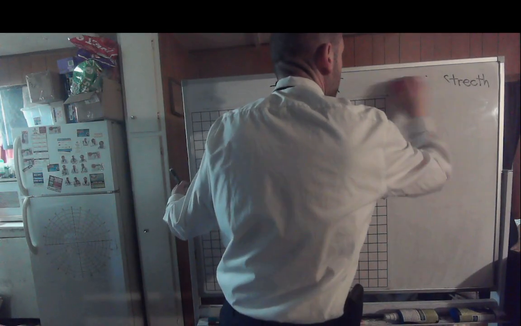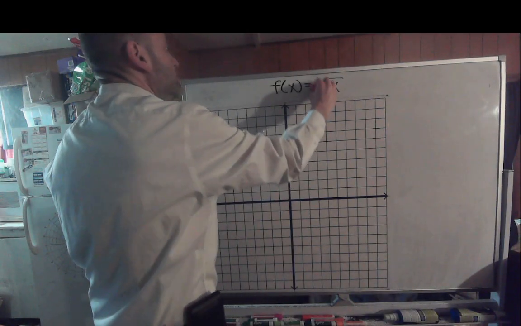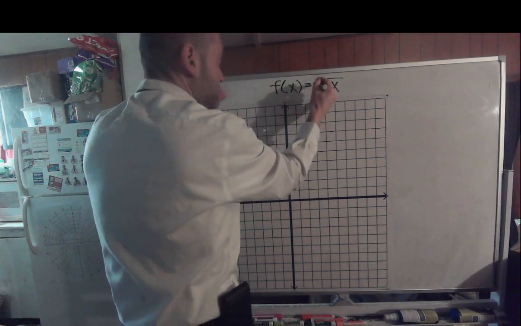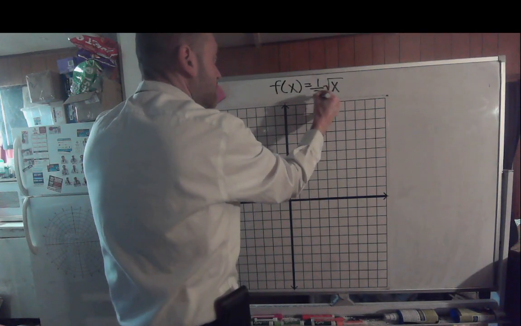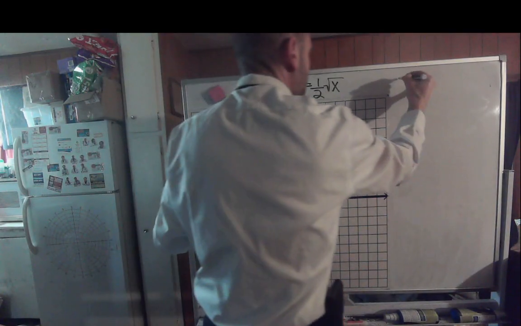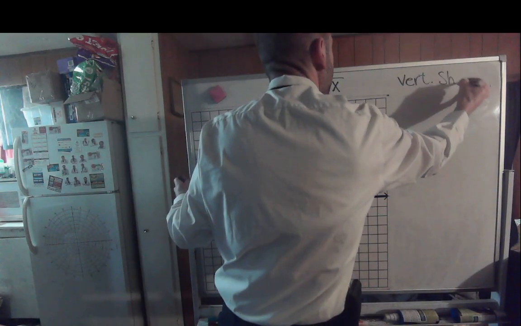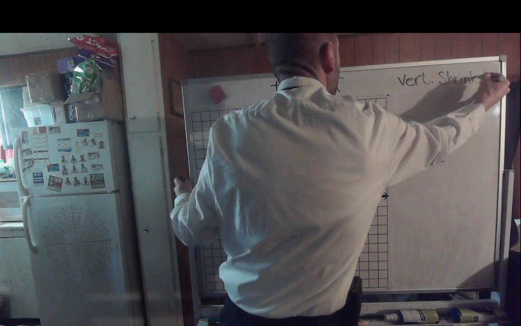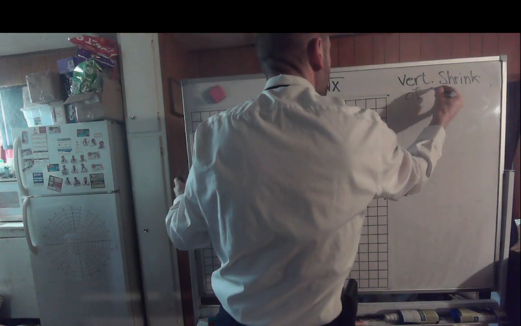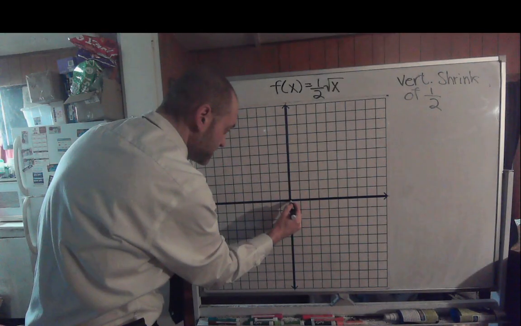And then, likewise, I could do 1/2 times the square root of x, which would end up being a vertical shrink of 1/2. So when x is 0, you still get a y value of 0.